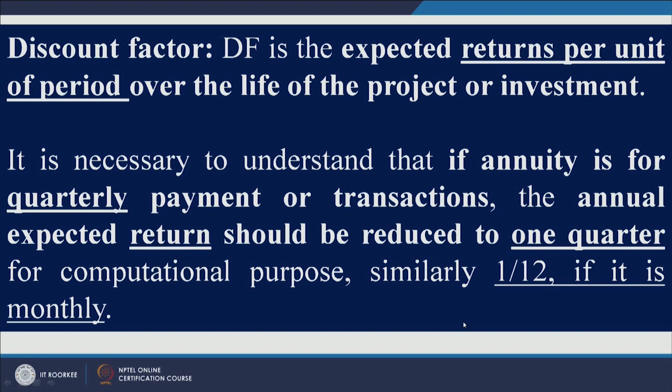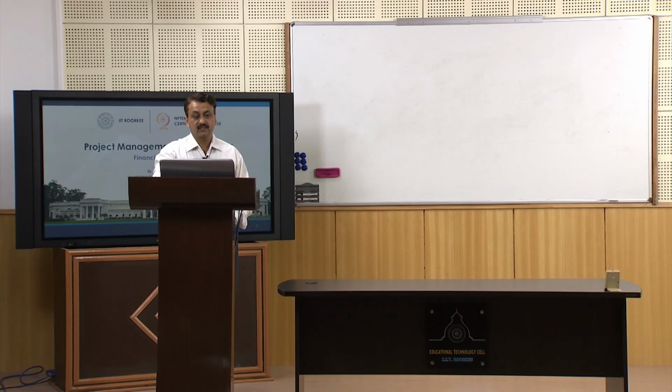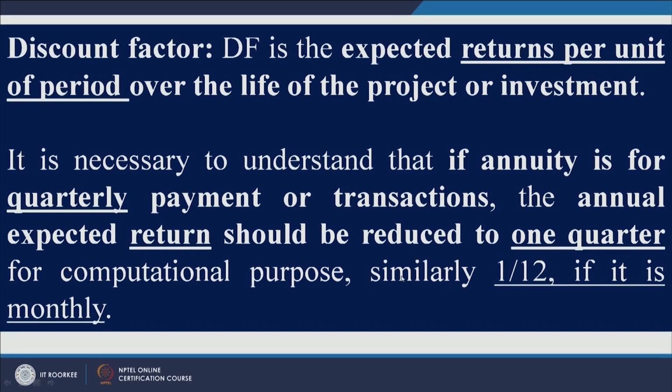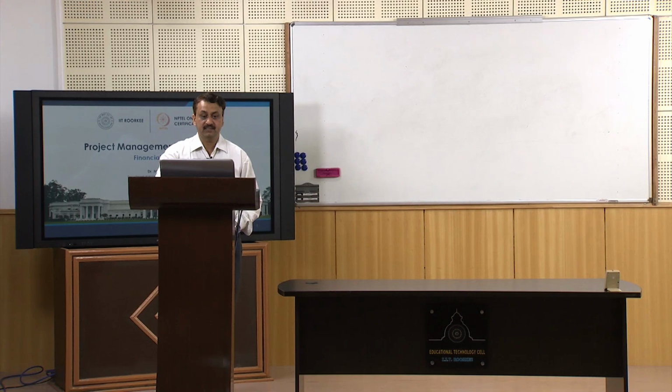If annuity is for, let us say, monthly payment, then it is to be adjusted accordingly. So the return should be reduced to 1/12 if it is monthly, right?